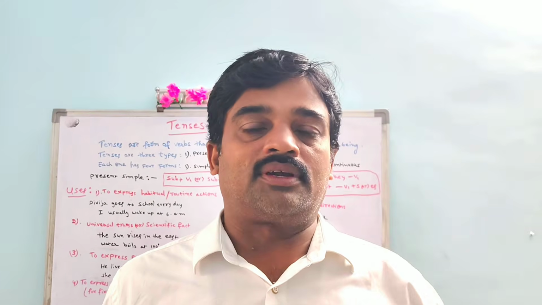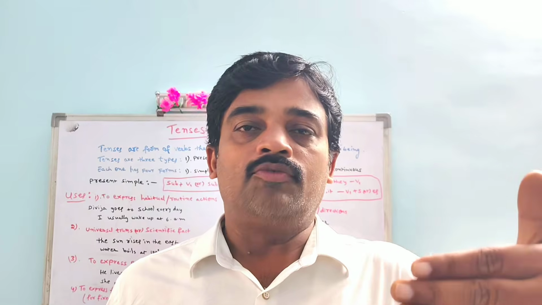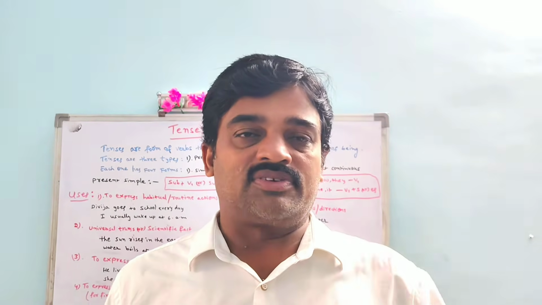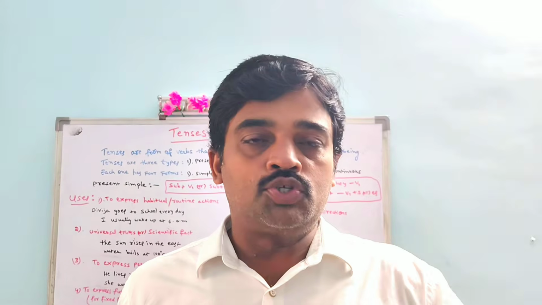Take present tense, it has four forms: simple present, present continuous, present perfect, and present perfect continuous. Take past tense, it has four forms: simple past, past continuous, past perfect, and past perfect continuous. Take future, it also has four forms: simple future, future continuous, future perfect, and future perfect continuous. Totally we have 12 tenses in English grammar.